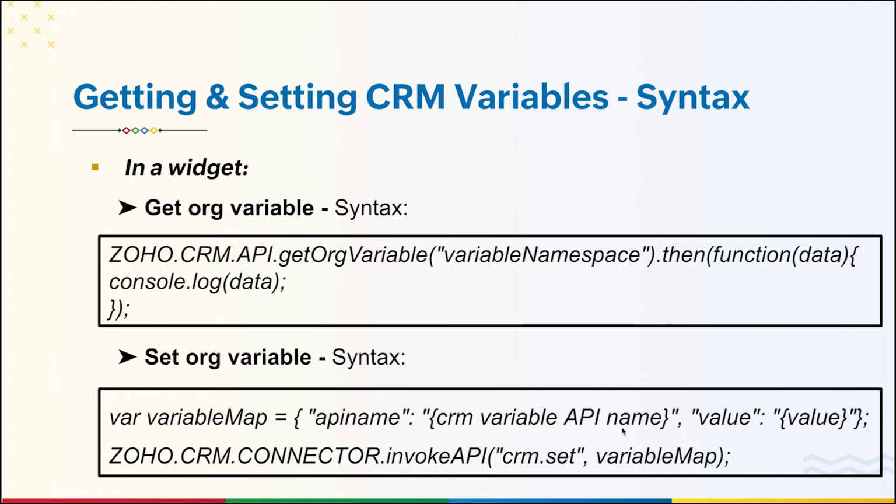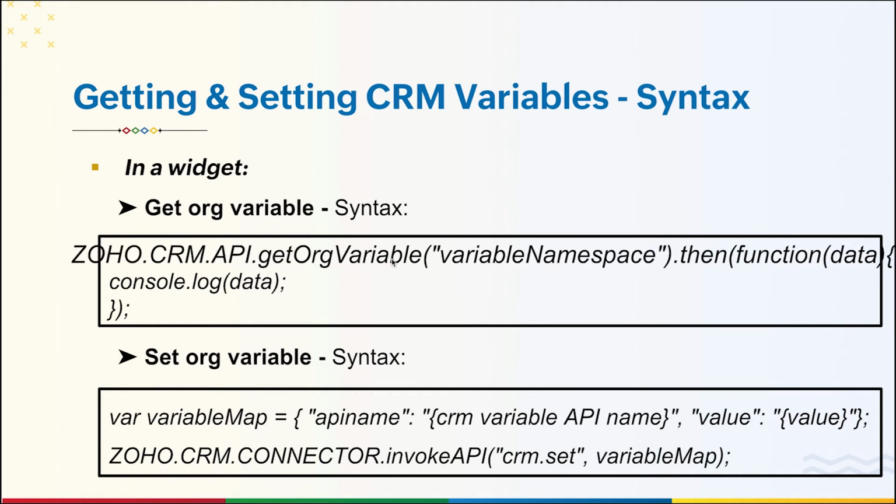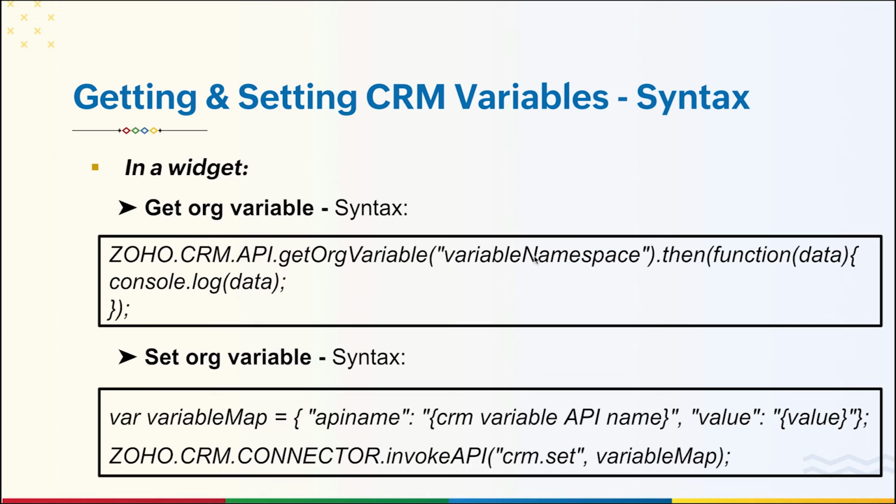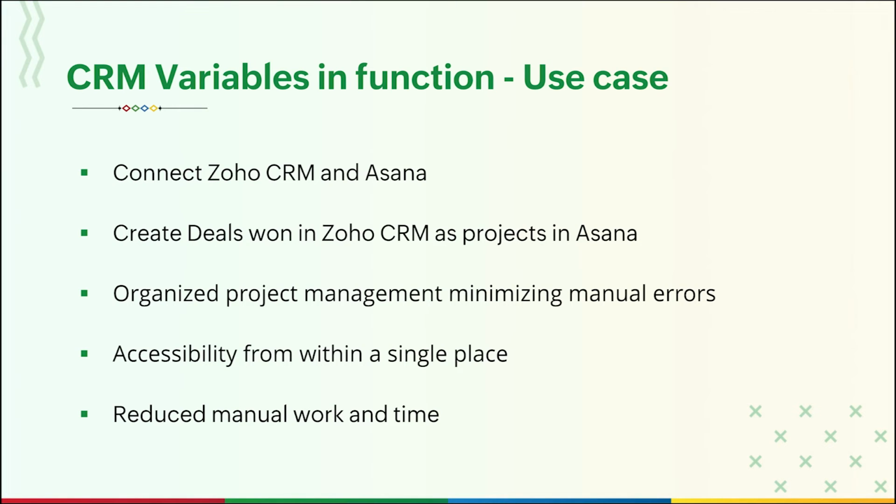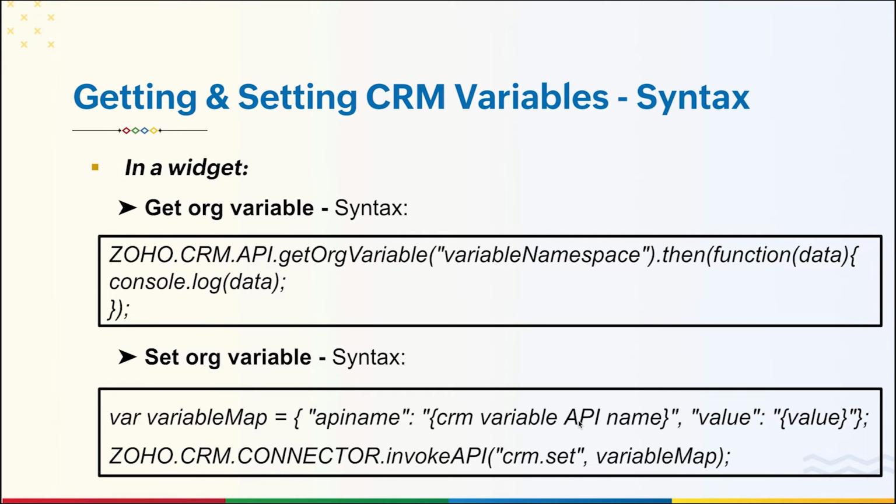In a similar manner, if you want to get or set a value for the CRM variable through your widget, we have specific syntaxes for that as well. In this syntax, in the variable namespace region, you will provide the API name for your CRM variable. And over here, for the syntax for setting a value to a CRM variable, for the keyword API name, you'll have to provide the API name of your CRM variable.